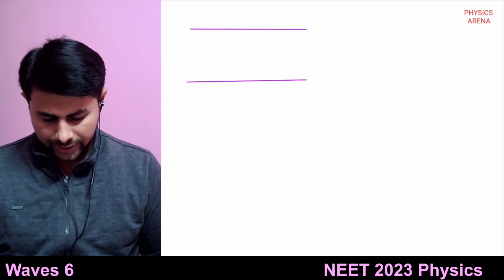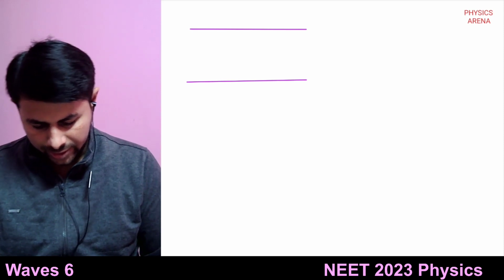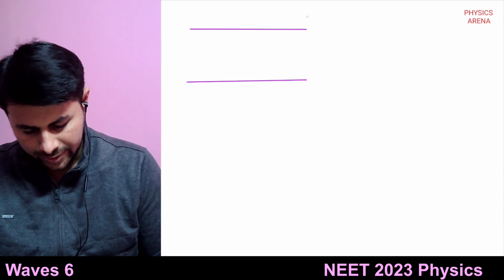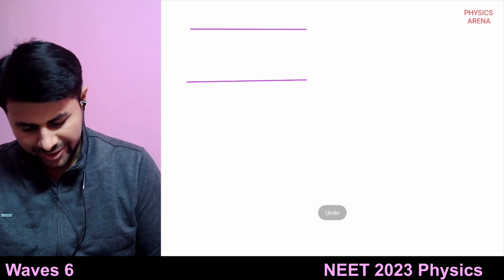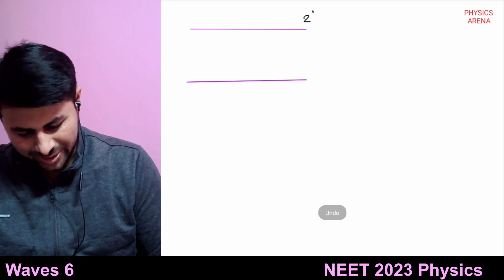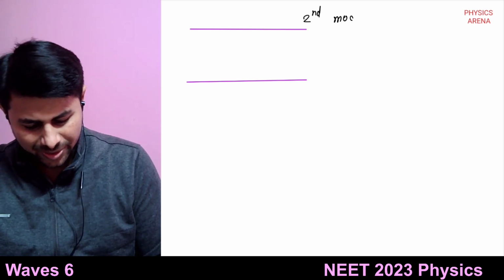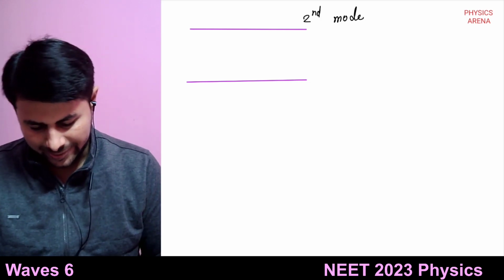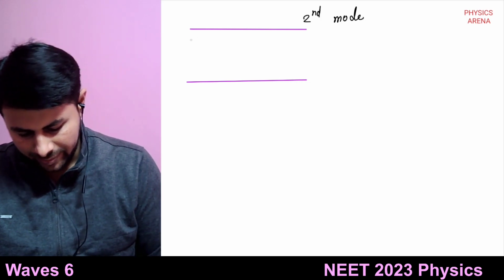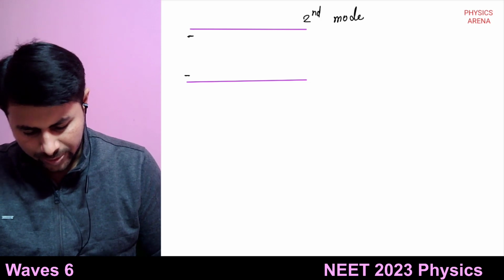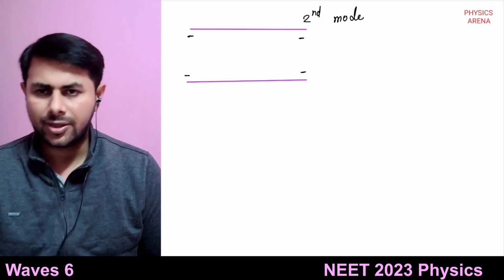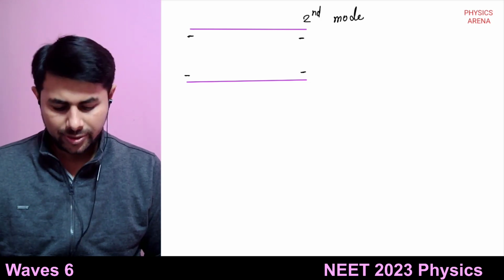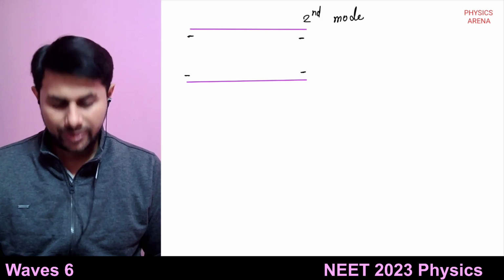Okay. So let's suppose this pipe vibrates in the second mode. So what will happen now? See, an antinode gets produced here, an antinode gets produced here. In case of first mode, one node was produced in between.